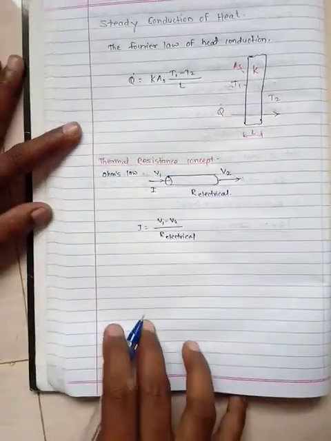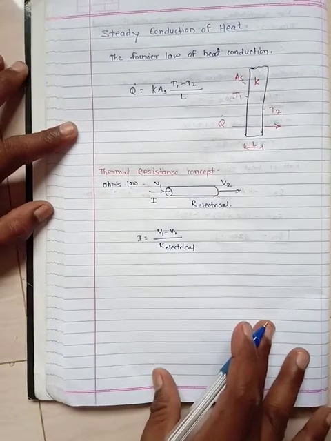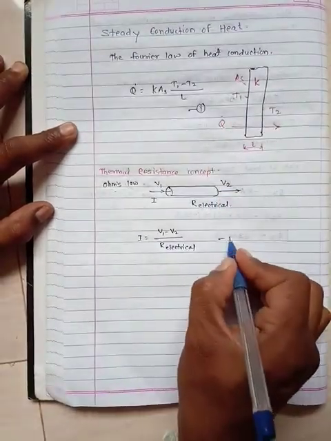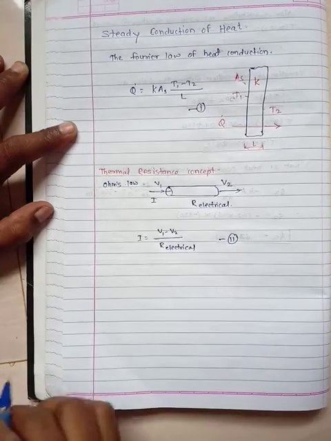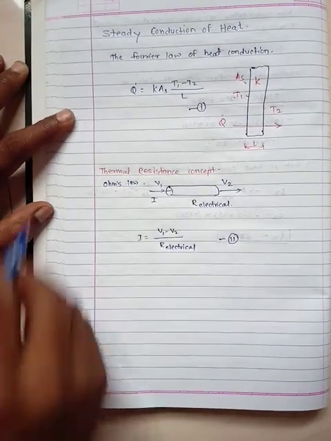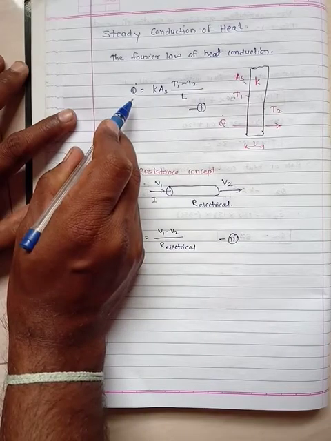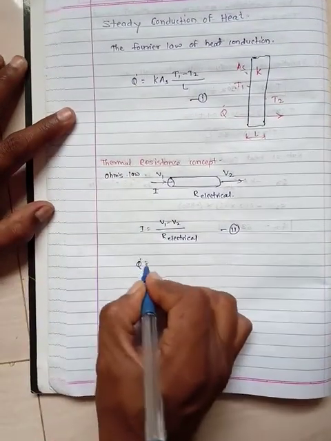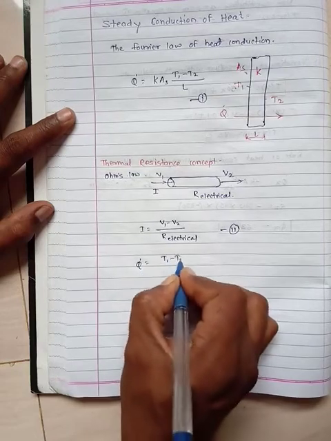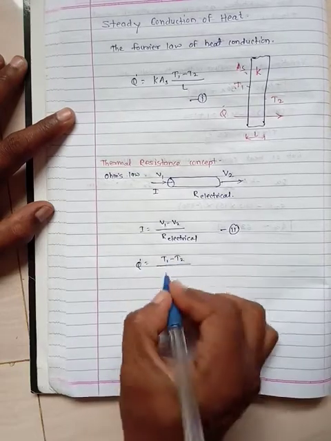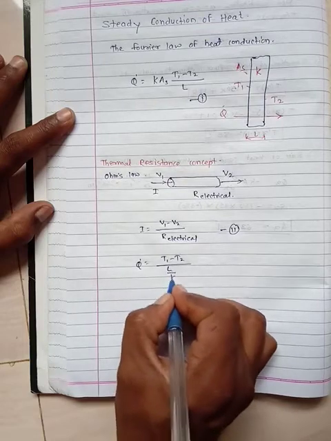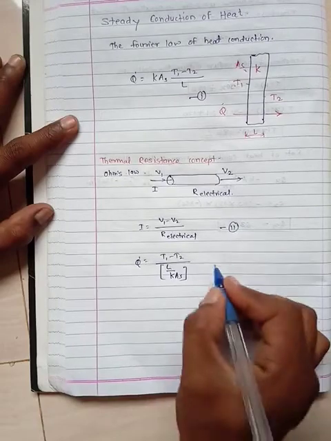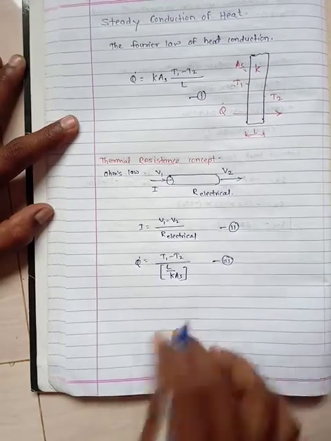Now we'll compare our Fourier law of heat conduction and Ohm's law. We will convert our Fourier law equation as Q is equal to (T1 minus T2) divided by (L divided by kAs). So this is our equation number 3.